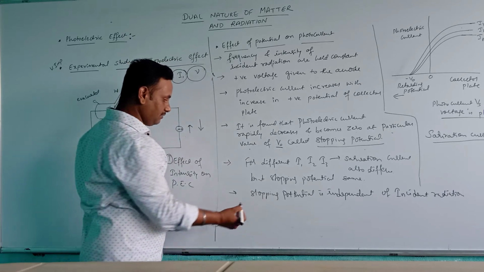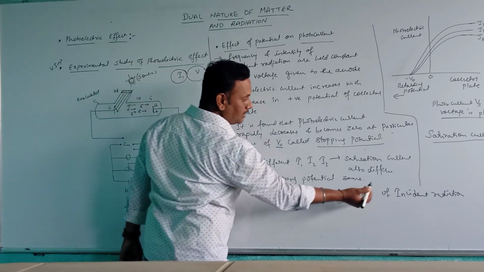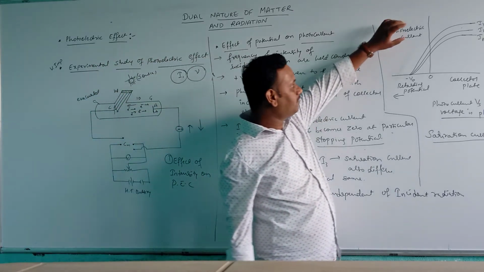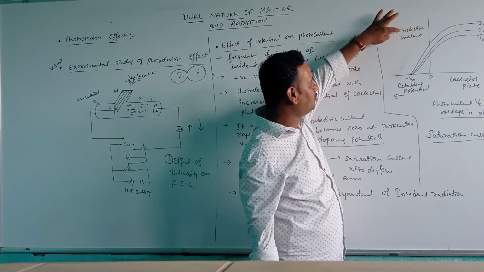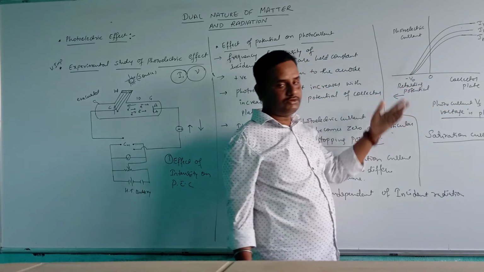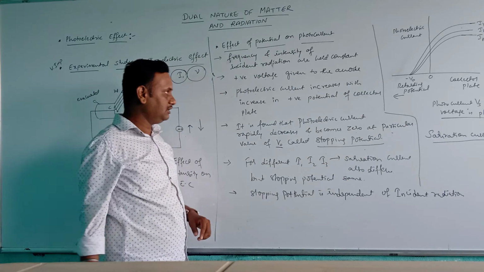Hence we can say that the stopping potential is independent of the intensity of the incident radiation. The graphical representation you can observe here is photoelectric current versus the collector plate potential. It is called the retarding potential, and it is called the stopping potential.